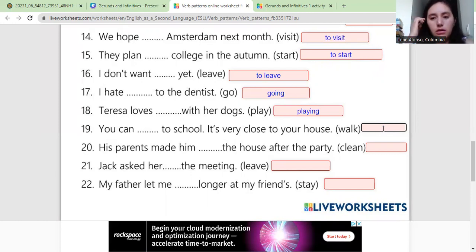You can use both, but it sounds better with playing. You can walk. You don't need to use infinitive or gerund because it's just you can walk to school. This is very close to your house. And these parents make him clean, in the base form.